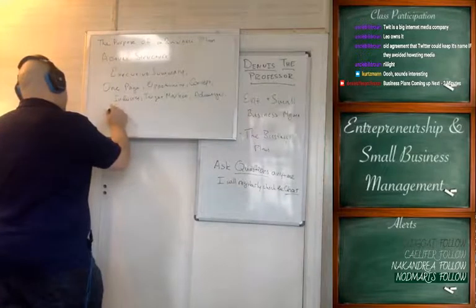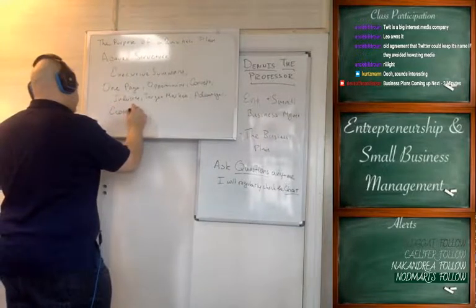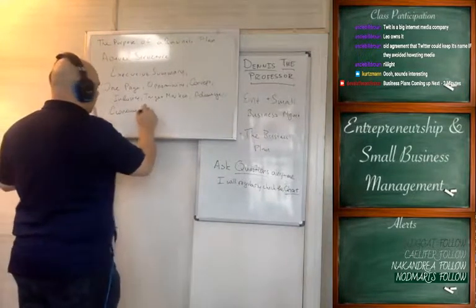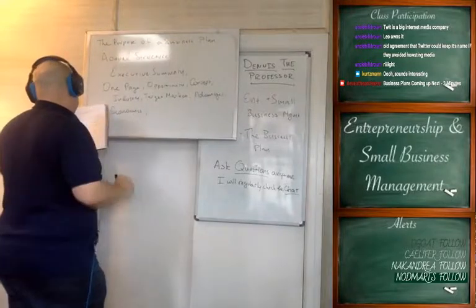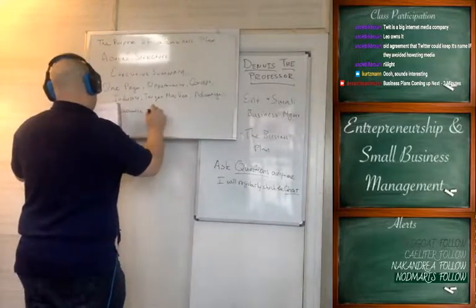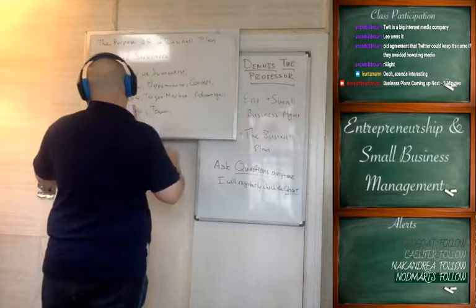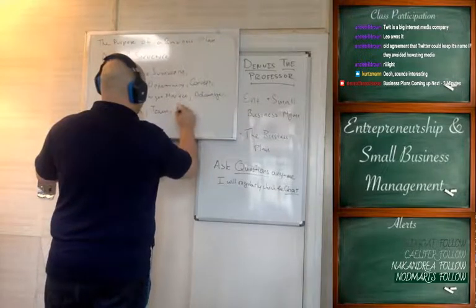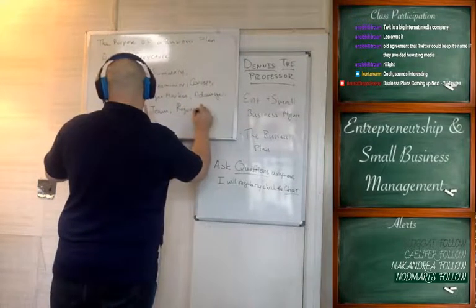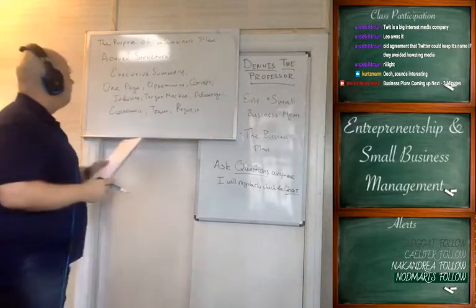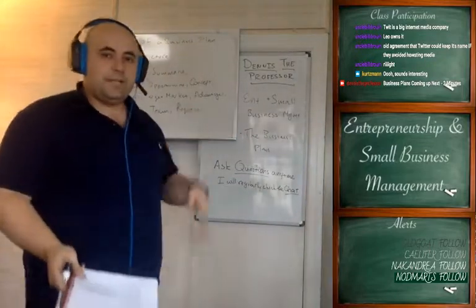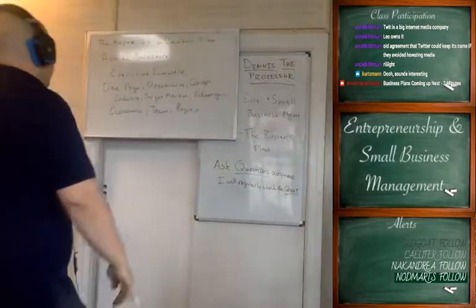The economics of your business, and we'll cover each of these in more detail. The economics of your business, your team, your request, and that's it, right? So you're going to keep it to 1 page.